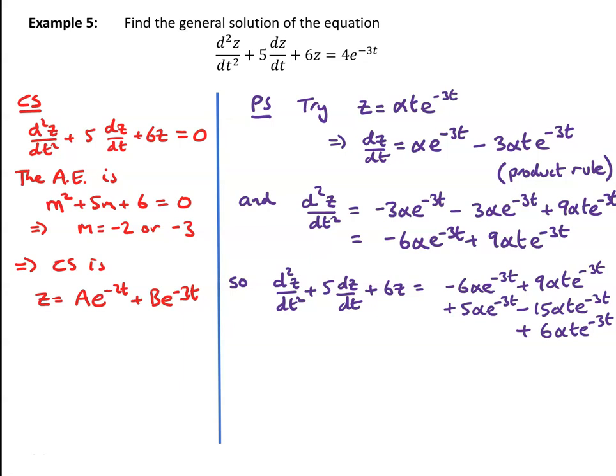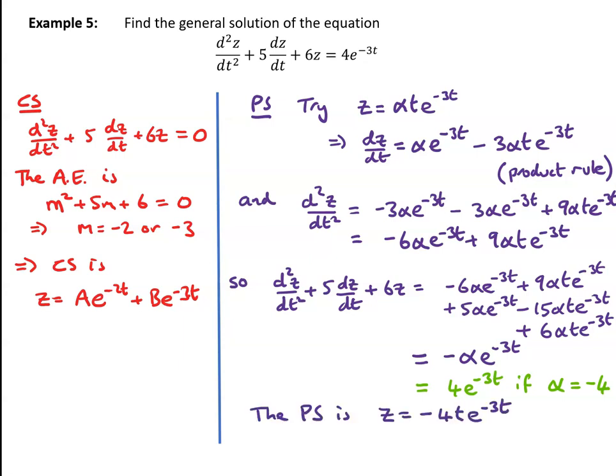And that simplifies down to simply minus alpha e to the minus 3t, which will be equal to 4e to the minus 3t, provided alpha is equal to minus 4. So I have now a particular solution of z equals minus 4t e to the minus 3t.